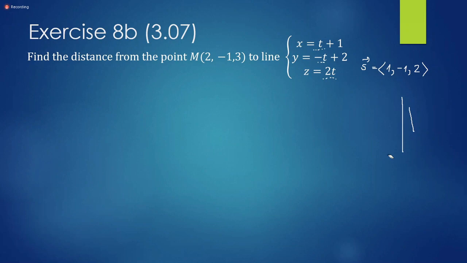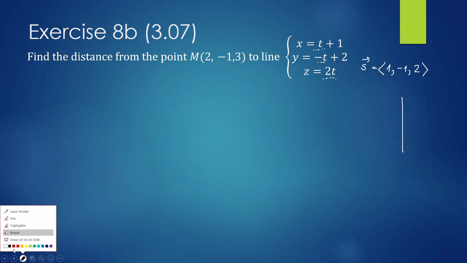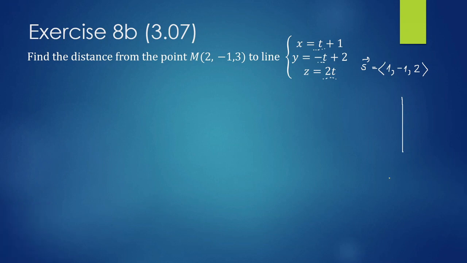No matter how many times we do this during practice, it is a very good idea to do a sketch. This is the vector S. The point L of the line is somewhere, but we are not really interested in it. And then we have this point M somewhere. I will make it red. The point M has coordinates 2, minus 1, 3. We need to find this distance.